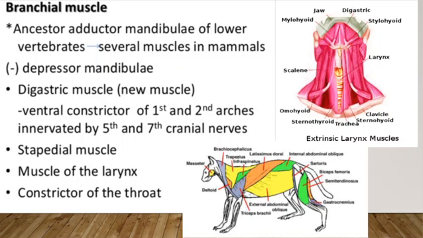So for the digastric muscle, we have the ventral constrictor in the first and the second arch, innervated by the fifth and seventh cranial nerves. Stapedial muscles, muscle of the larynx and constrictor of the throat. So the branchial muscles developed into this type of muscles: stapedial, digastric, muscle of the larynx, constrictor of the throat. So this is the muscle of the larynx.